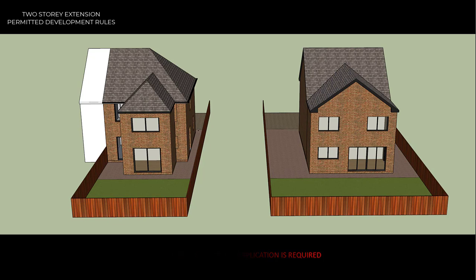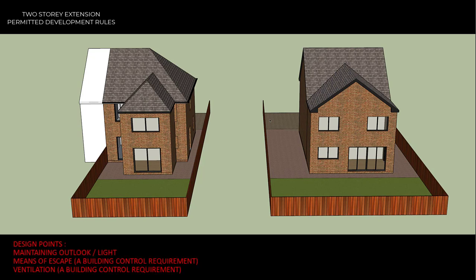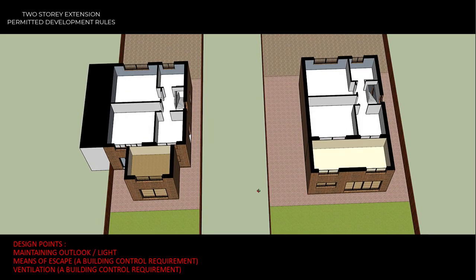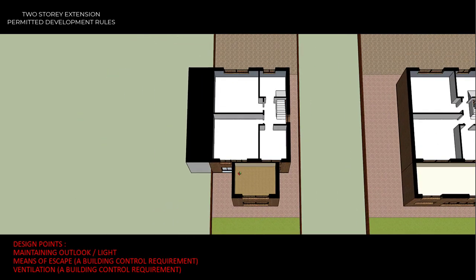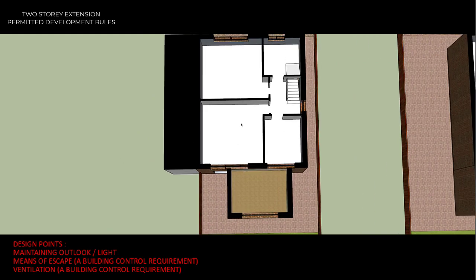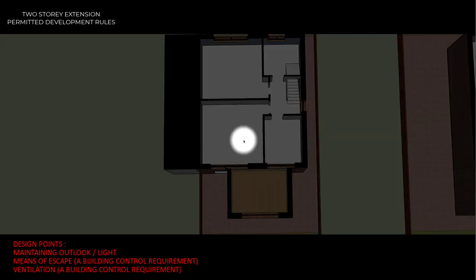A couple of notes on doing 2-storey rear extensions. In my experience, the main issue is gaining access to the new rooms and not impacting the original rooms in terms of means of escape, ventilation and outlook. I'll take a look at a section here. Normally we'd form a new partition going there with a new access door into the existing room, and then form a new opening in the rear wall accessing the new room.